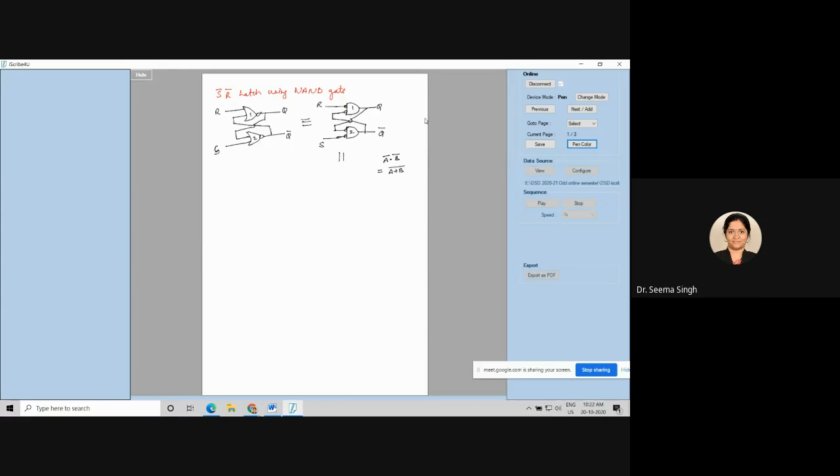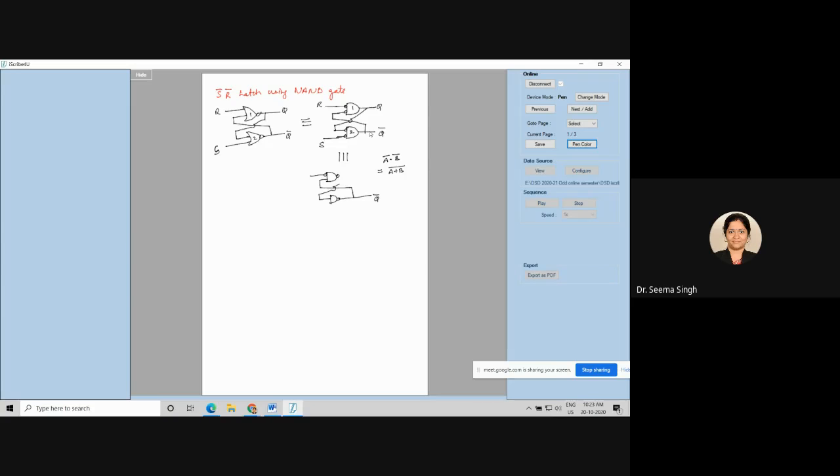So now I am shifting this bubble to the output side, the Q bar side. The same way I will shift the bubble on this side also.